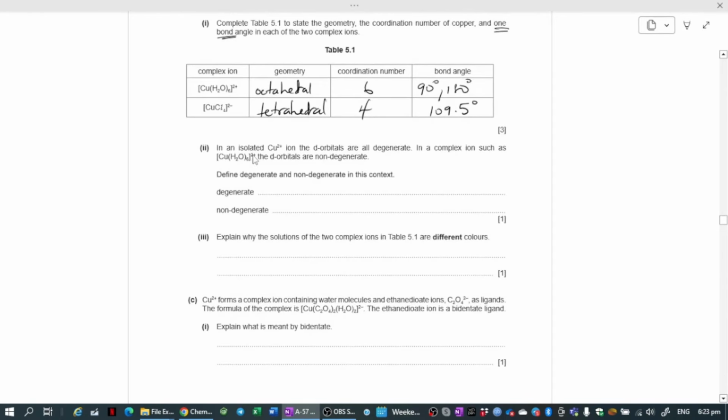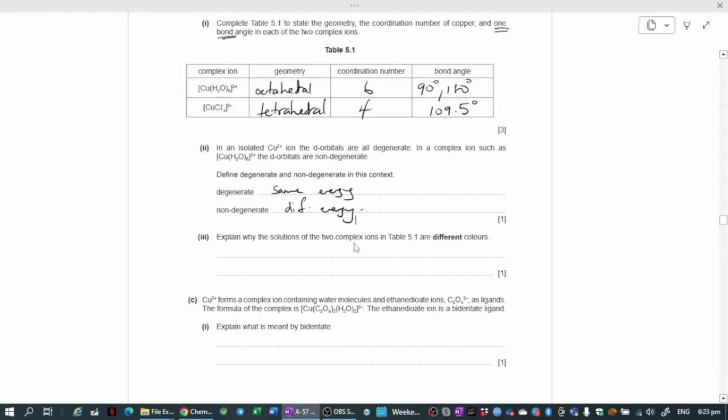They then tell us that in the isolated copper 2 plus ion, the d orbitals are all degenerate. In the complex, they are non-degenerate. What does degenerate and non-degenerate mean in this context? Degeneracy simply means that the orbitals have the same energy, and non-degenerate means they have different energy, right?